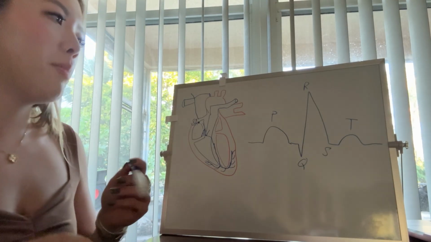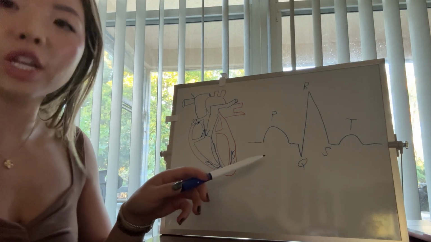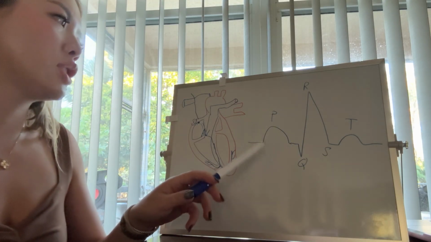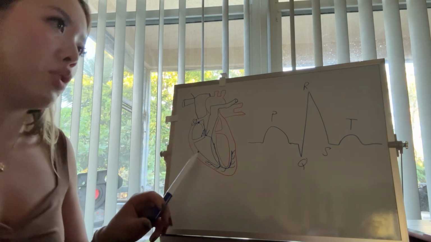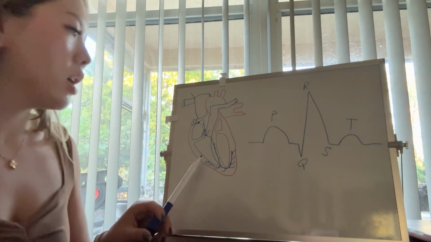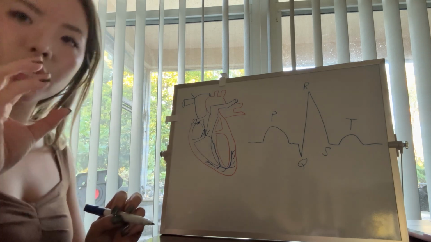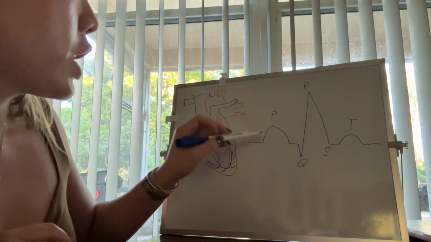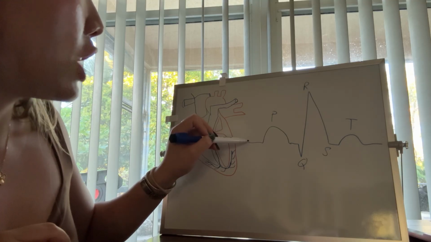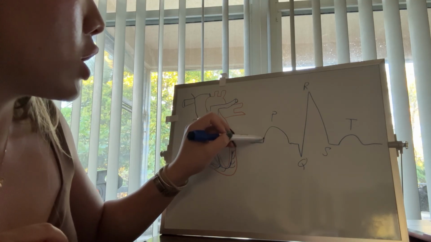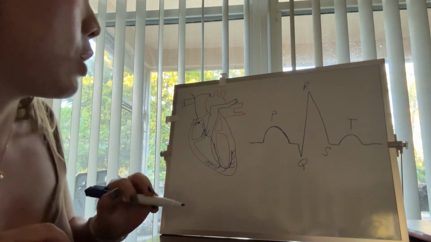So now let's talk about an ECG, an electrocardiogram, and how that relates to the SA node potential. So once the SA node potential starts, that's going to trigger atrial depolarization, which is represented by this P wave.